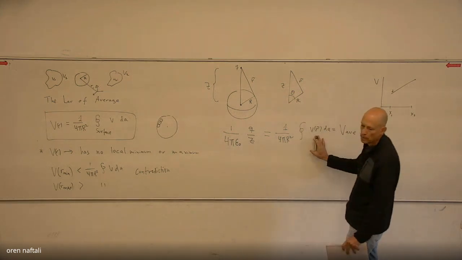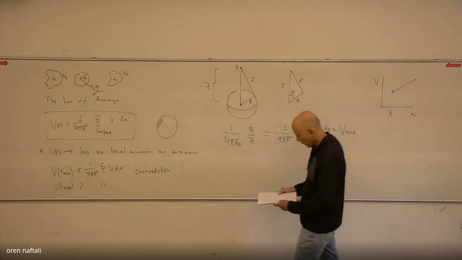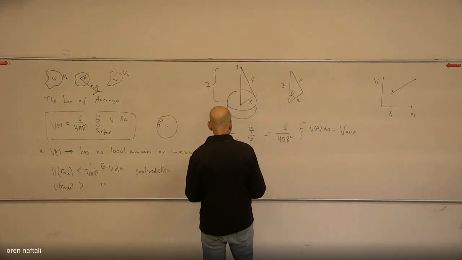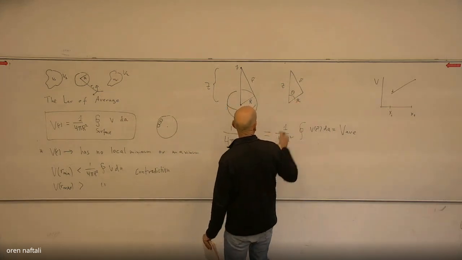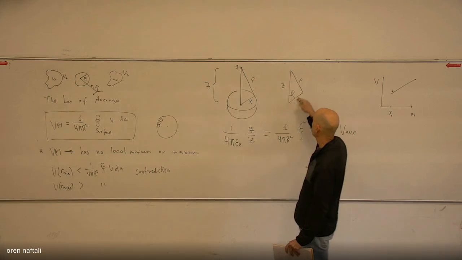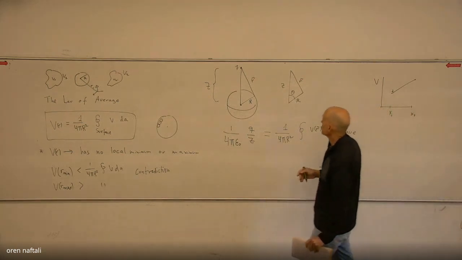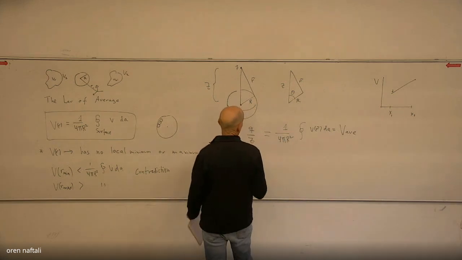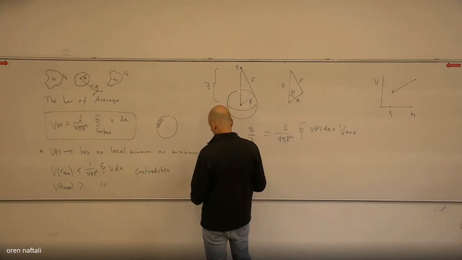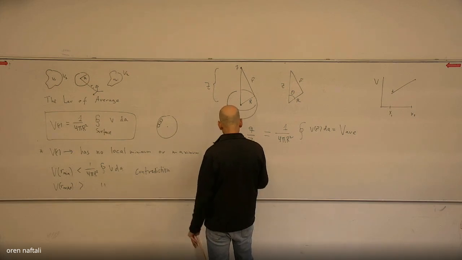So now we need to plug in what this thing is. What we need here is this r tilde, and what we use here is the famous cosine theorem from high school. So we have r tilde squared equals z squared plus R squared minus 2 z R cosine theta.